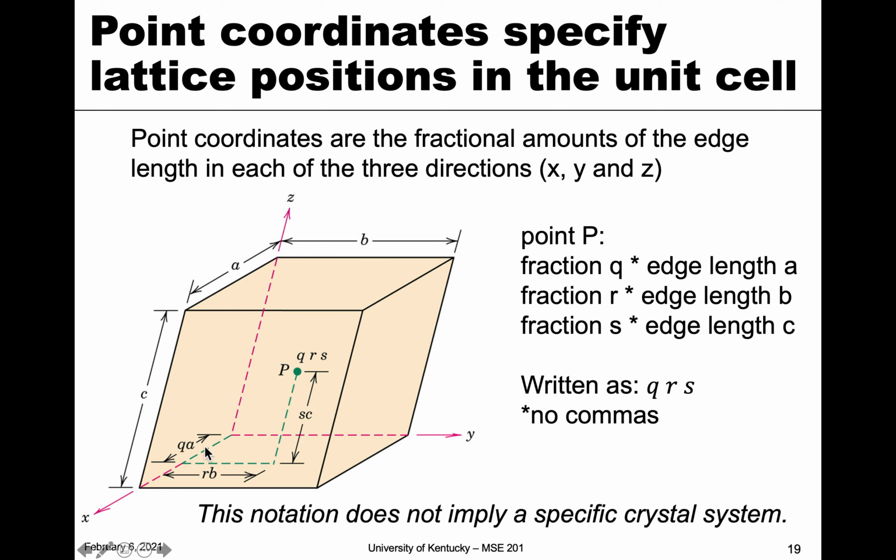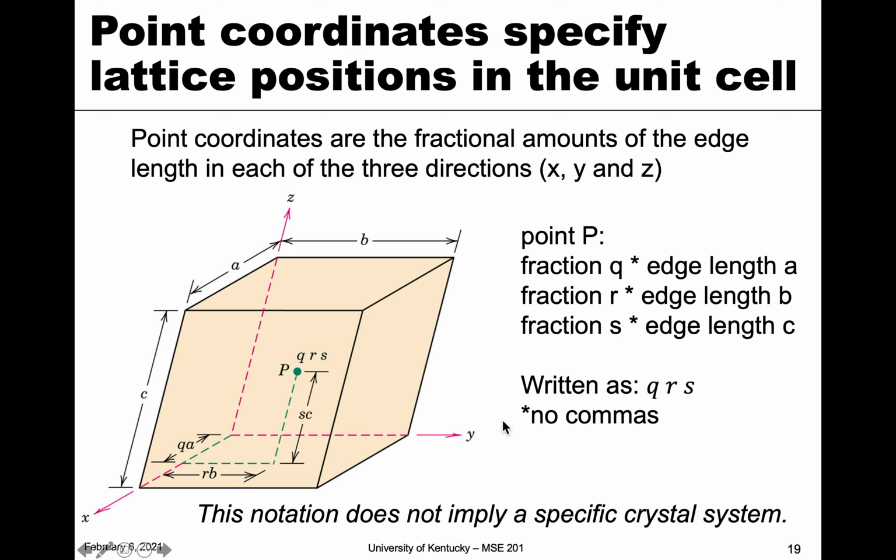So q is the fraction of a. And then we have a fractional amount along the y-axis, where the edge length is b. And then the fractional amount along the c-axis, or the z-axis, where c is the edge length. So we have fractional amounts q, r, and s, which define this point.